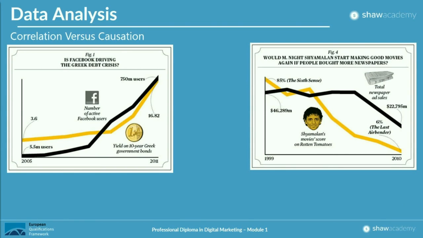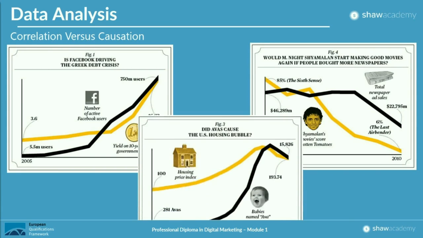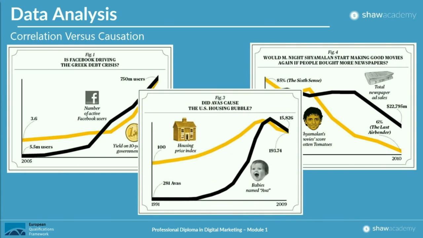They both follow the same kind of trend, but it is correlation, not causation, because I'm pretty sure that his movie score would not affect the total newspaper ad sales. And again, another one, okay, just to really drive the point home, where we see the US housing price index and babies named Ava, right? So again, there's correlation between these numbers, but I'm pretty sure we can say that there isn't any causation involved.